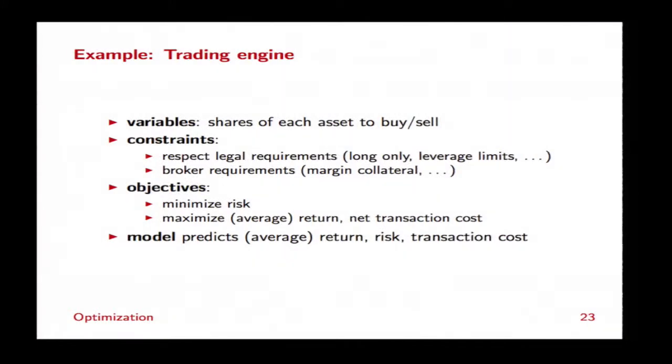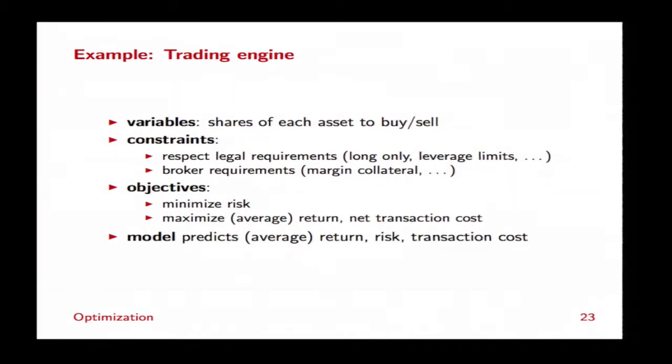Okay, trading engine. In a trading engine, the variables would be how many shares of each asset should you buy or sell. That's what it is. This is what you're trying to figure out, what to optimize, right? By the way, the answer here could be nothing, right? If you're going every 10 seconds, then very often the answer is do nothing. But that's a choice, okay?